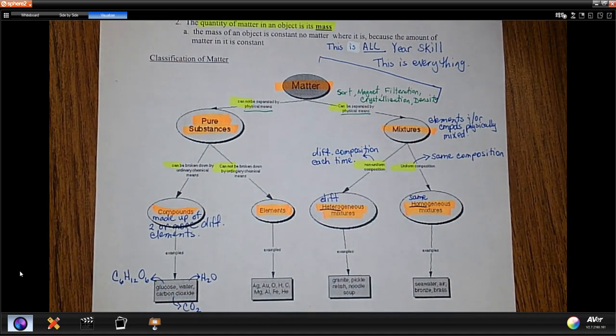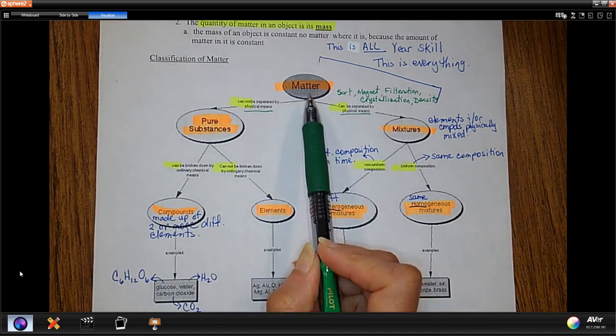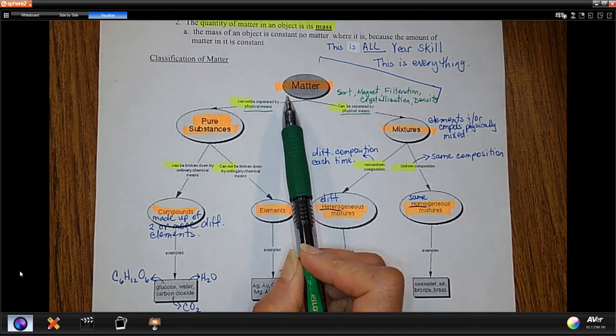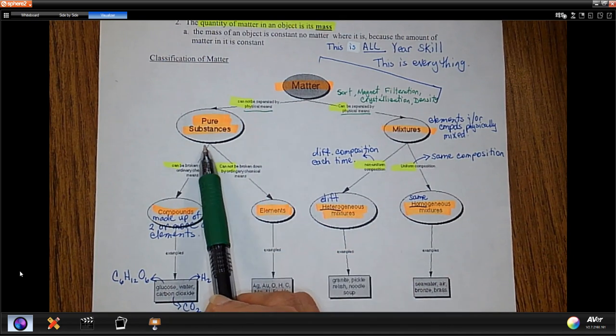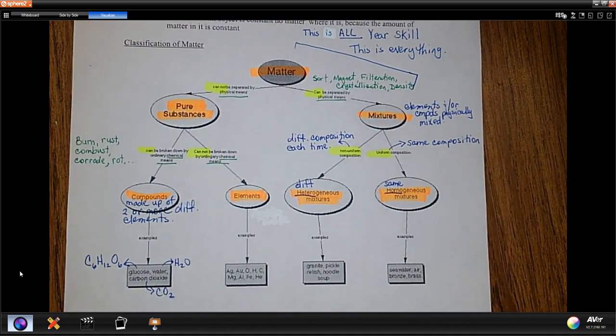If your answer is no, I cannot take that matter and physically separate it, then we say that that matter is a pure substance. So can that pure substance now be broken down by ordinary chemical means? By chemical means, I mean, does this pure substance become something else when you burn it, when it rusts, or when it combusts, which means to blow up?